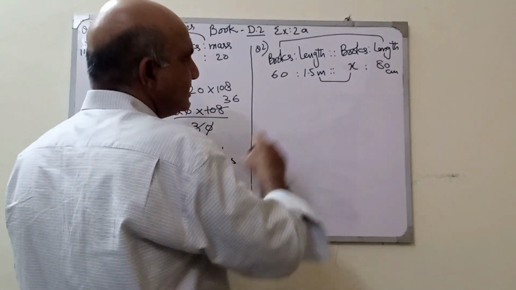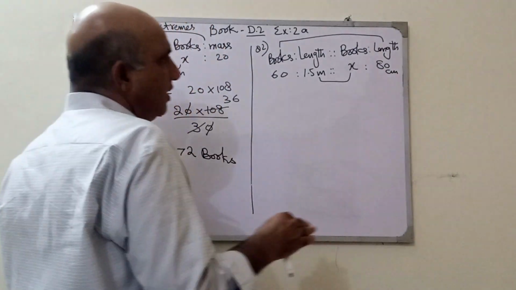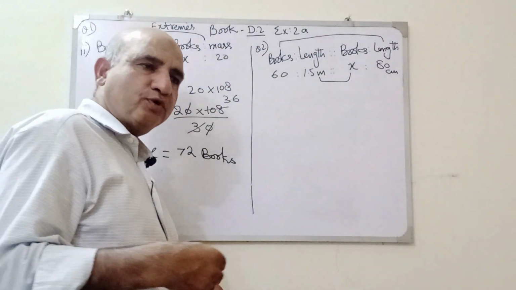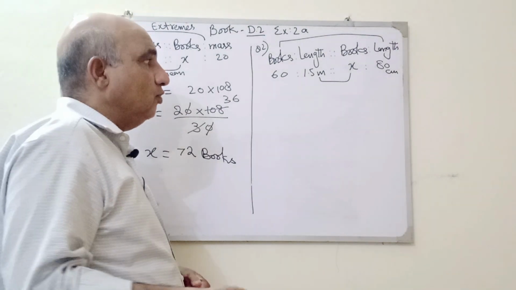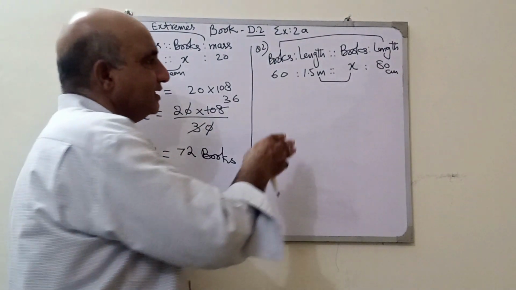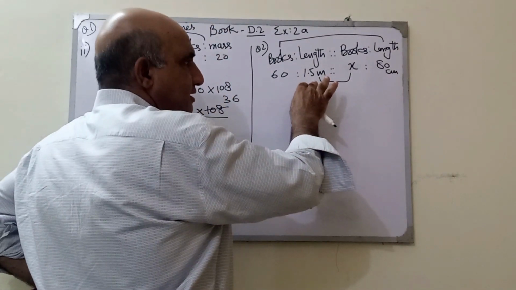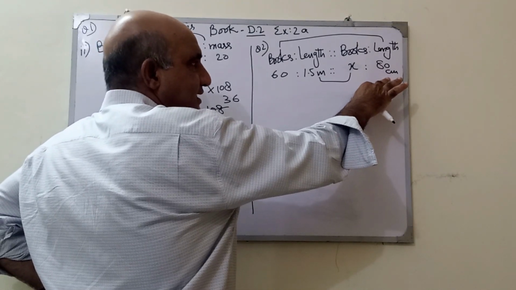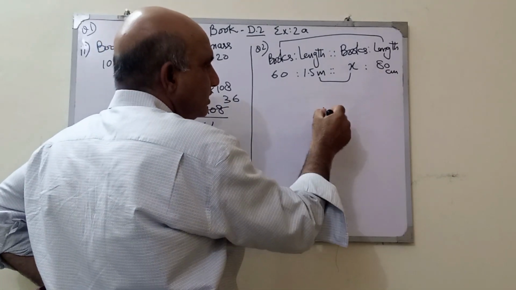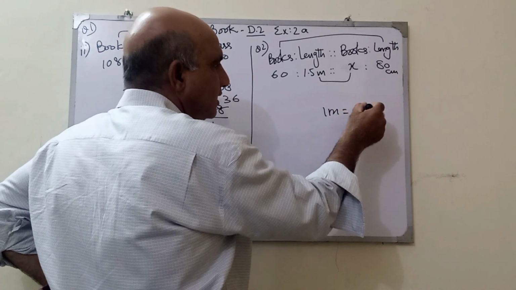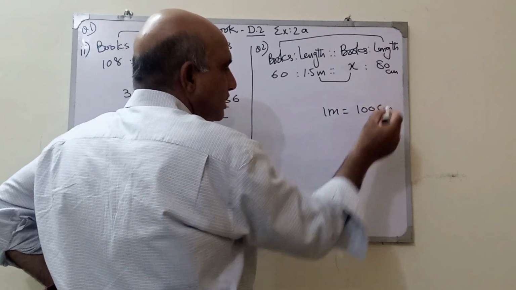Look here. First of all, before applying the formula of the product of means and extremes, we'll see that here it is in meters and this is in centimeters. As you know, in 1 meter there are 100 centimeter, right?